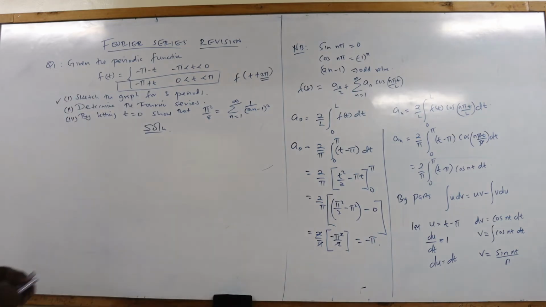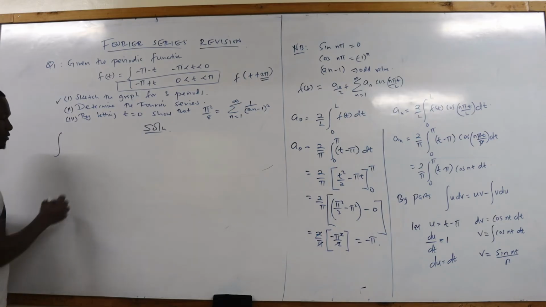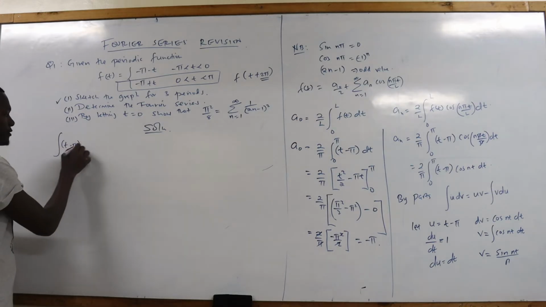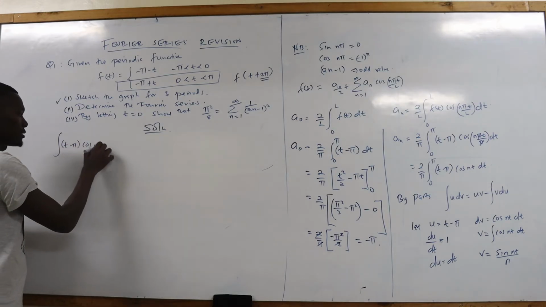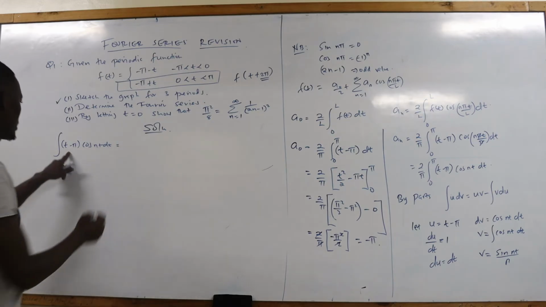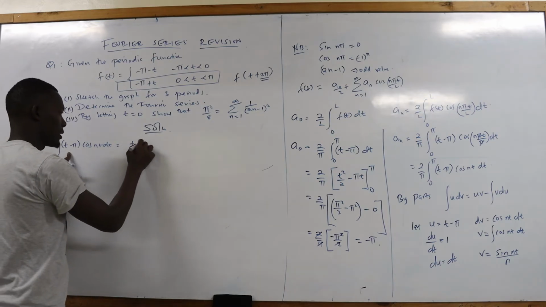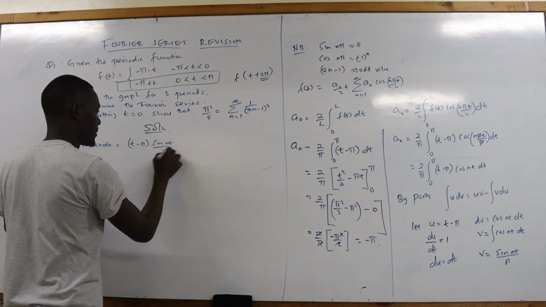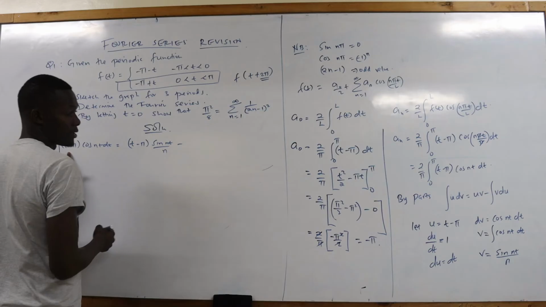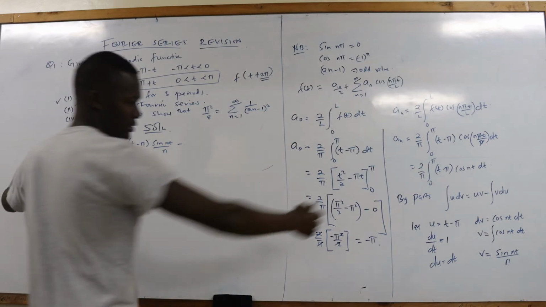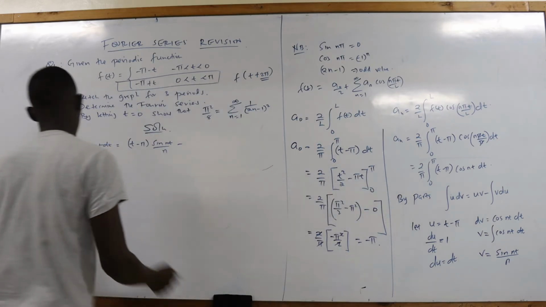So we now calculate our an. Remember, that is what we're calculating. So the integral of u dv, where our u is t minus pi and dv is cos of nt dt, will be given by: what is our u? Our u is t minus pi. What is our v? Sin nt over n, and remember we have a constant 2 over pi, so it should not be forgotten.